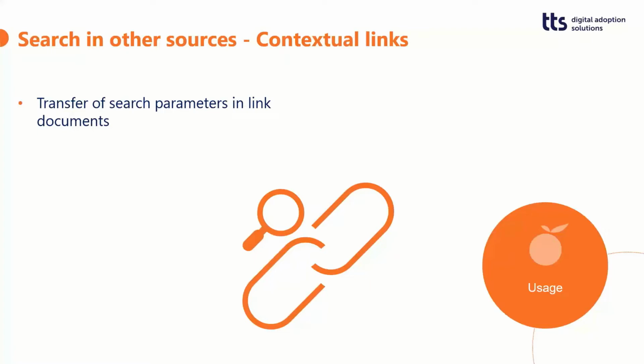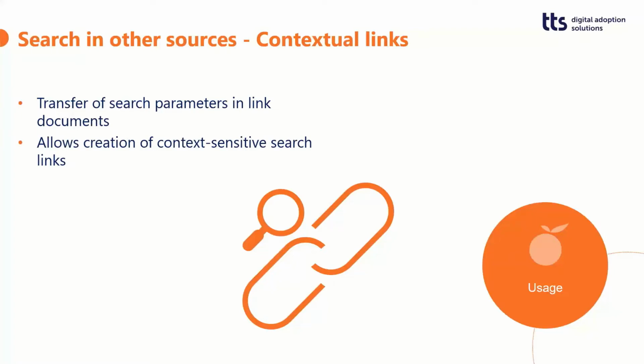So we can add documents that have a normal context and are therefore only found within a certain context, but that consist of parameters that transfer our search terms and search parameters to any given system we want to transfer it to.